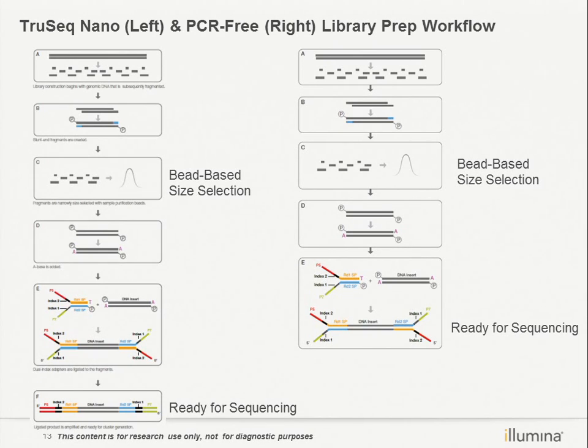And then we need to use some reagents to repair the ends of each fragment to build a blunt end, and then add the phosphate at the 5' end. And then we use some bead-based size exclusion to get the size we need.